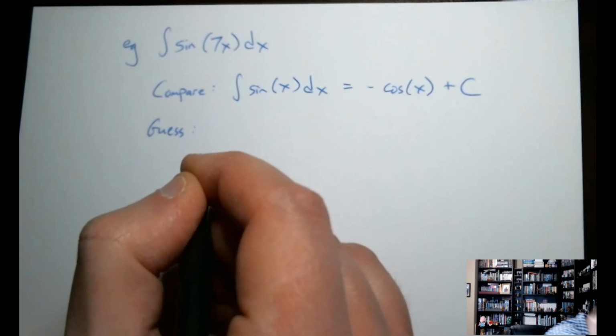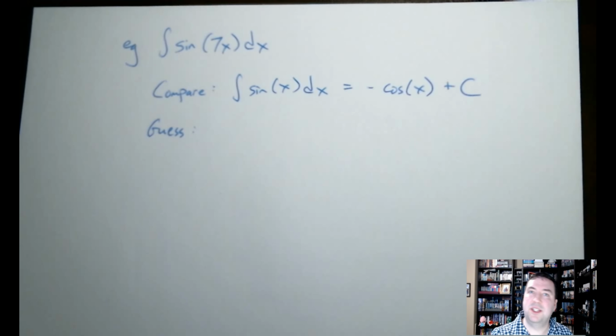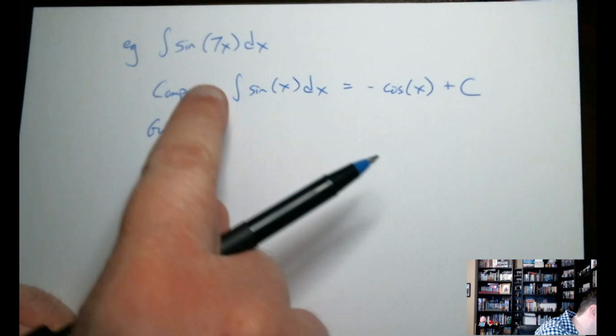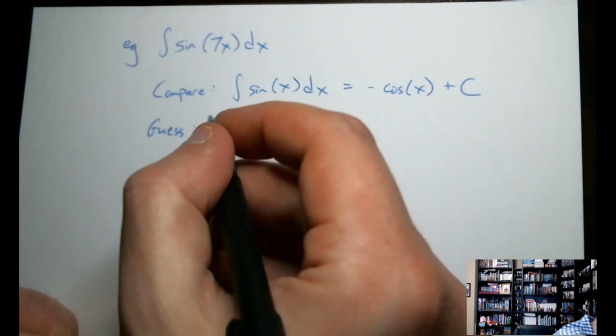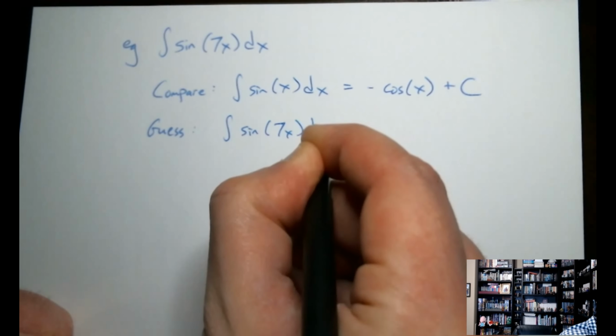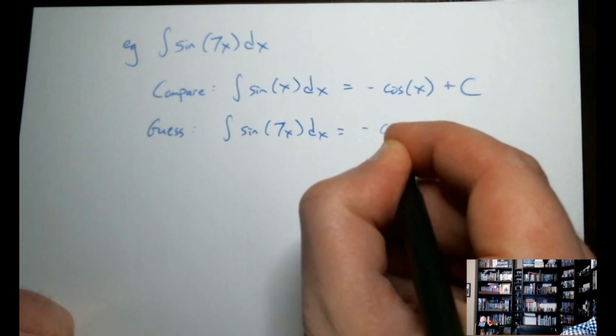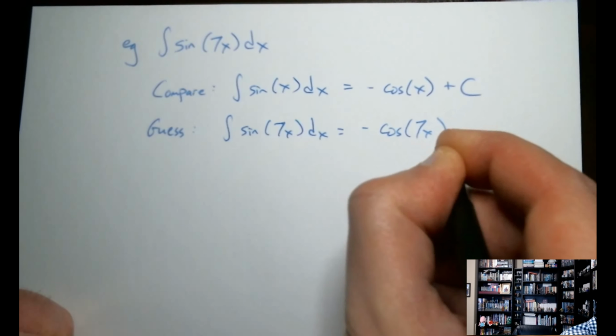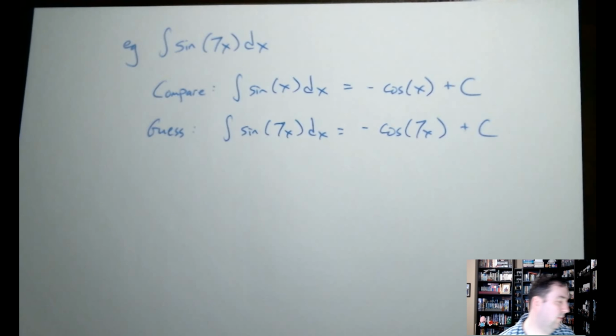And so again, let's take a similar guess to the one that we made last time, even though we're probably going to get the sense from that first example that this isn't going to be quite correct. Let's assume again that this is going to follow exactly the same pattern. That the integral of the sine of 7x is just negative cosine of 7x plus c. And again, we're going to check that that's right by differentiating it.